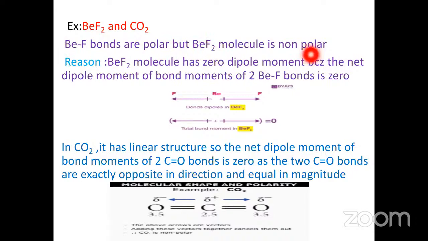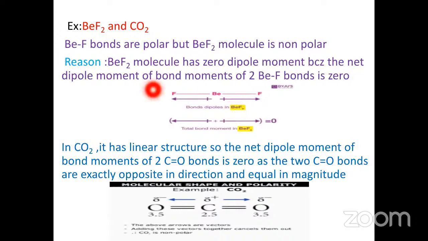Because in the BeF2 molecule, the net dipole moment is 0. The net dipole moment of the bond moments of these two Be-F bonds is 0, because these two bonds are in opposite directions, so they cancel each other. That is the reason the net dipole moment of BeF2 is 0. Whenever mu is equal to 0, the molecule is said to be non-polar.